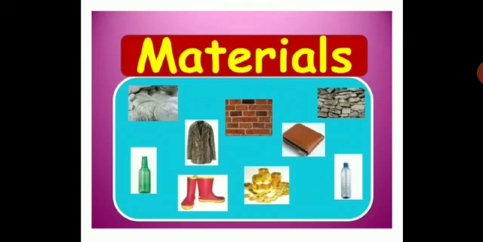Leather, again, you can make a wallet. A wall made up of bricks. So different materials are used to make different objects, or one material can be used to make different objects. Here you can see different things around you and they are made up of different materials.